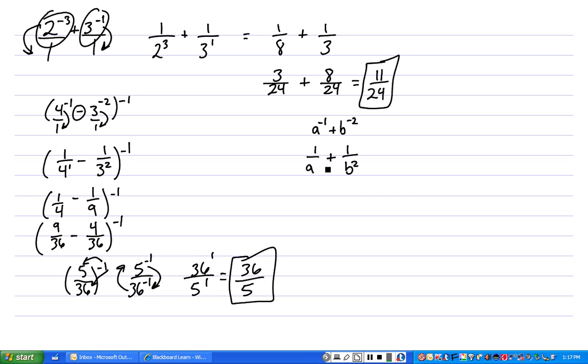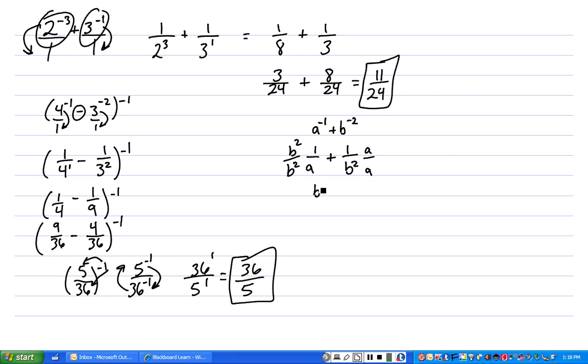And when we're talking variable denominators, we need to try to get whatever we're missing from the other denominators. So I have an a in a denominator, but I need a b squared. So I need to multiply this by b squared over b squared. This denominator has a b squared, but it's missing that a. So I need to multiply by an a over an a.